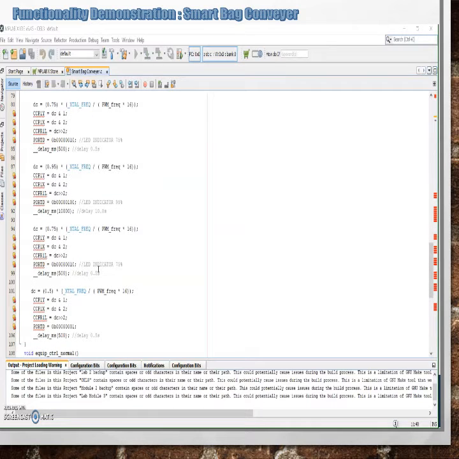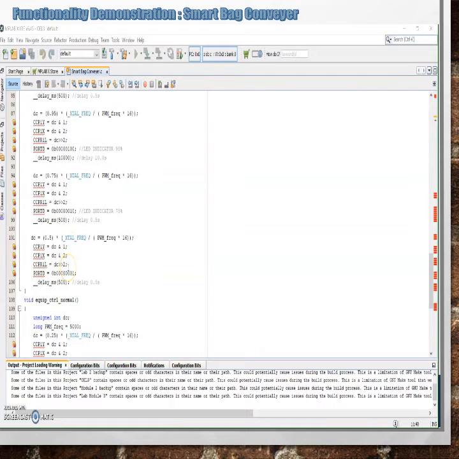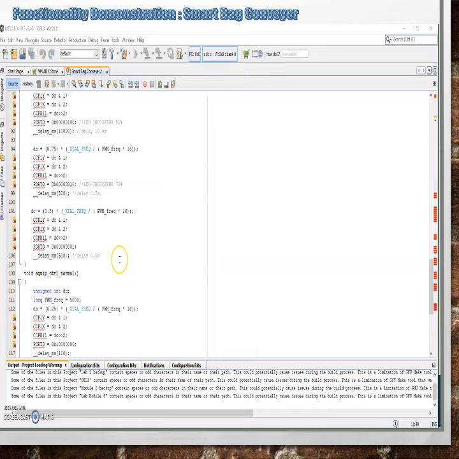If the motion sensor does not detect any bag, the motor will decrease the speed from 95% to 75%, then to 50%, and then back to normal. So that means when our sensor detects, it will run from 25% to 50% to 75% and to 95%.